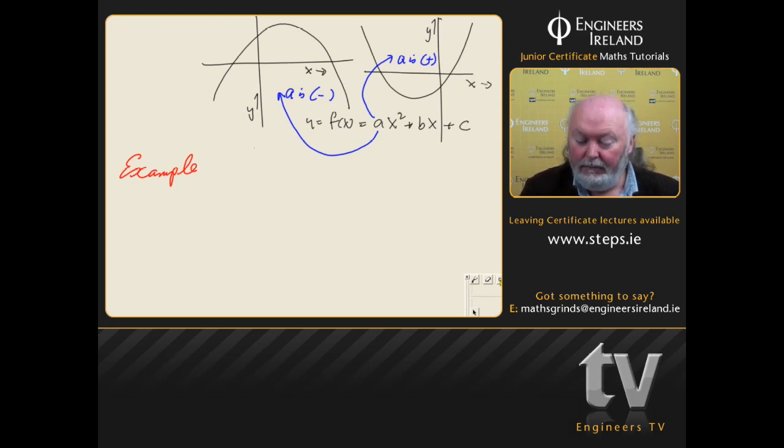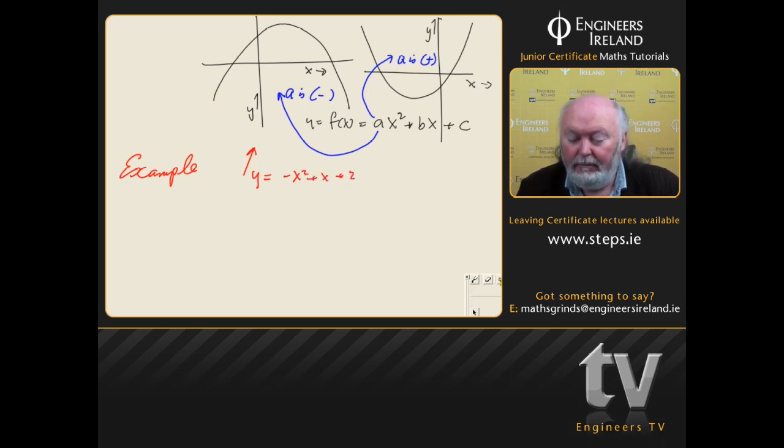In this case here, y is equal to, and we can write it in a number of different ways. Yeah, we'll pick this one. You can write it minus x squared plus x plus 2.